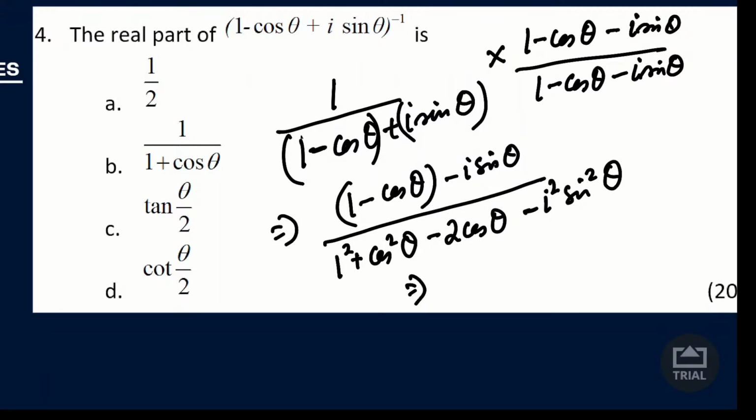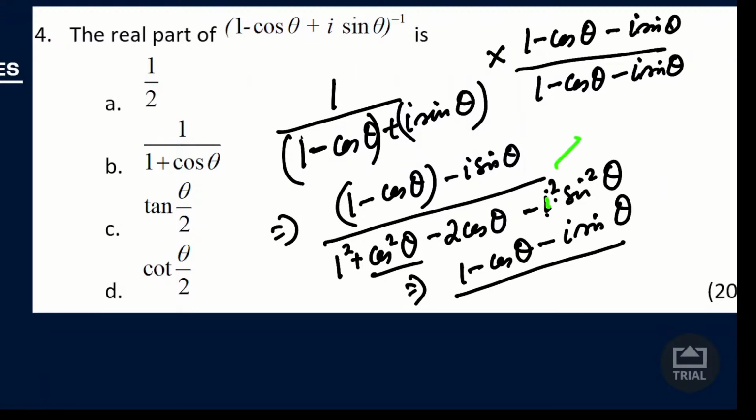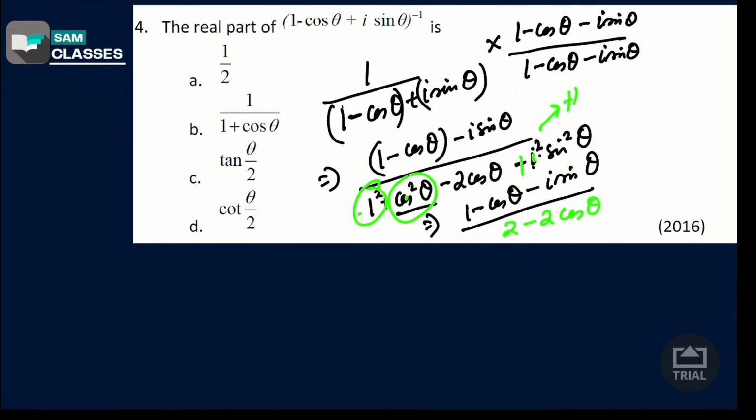So on top 1 minus cos theta minus i sin theta, and the bottom: cos square theta, i square is what? Minus 1. So minus minus cancelled. So 1 plus, cos square theta plus sin square theta is 1. So 1 plus 1, 2. So 2 minus 2 cos theta. Clear everyone till here?